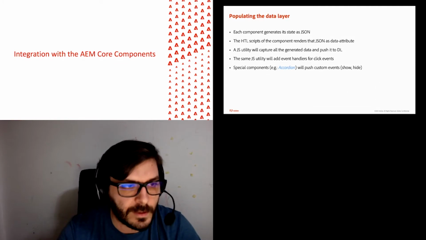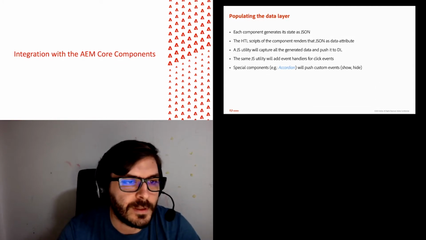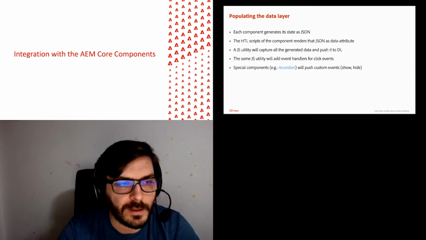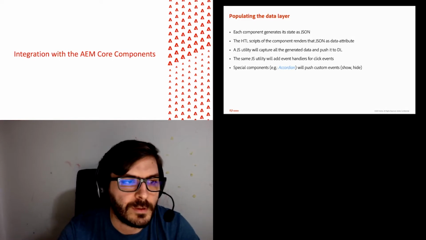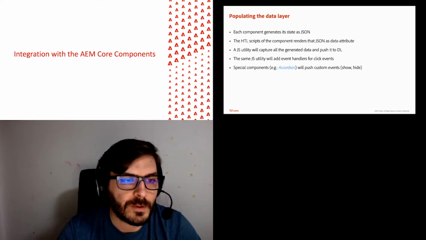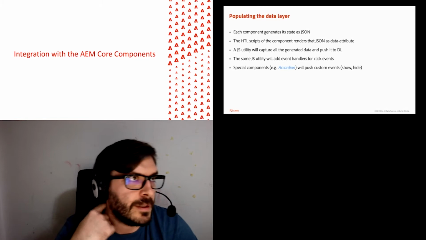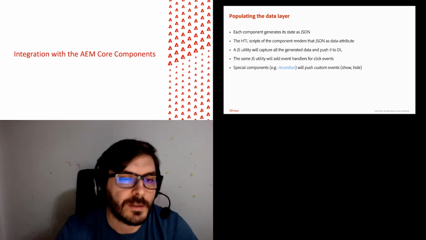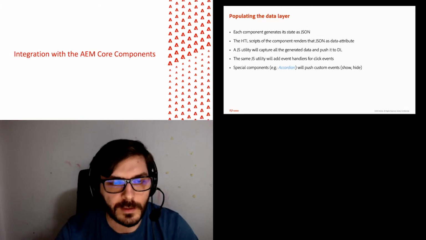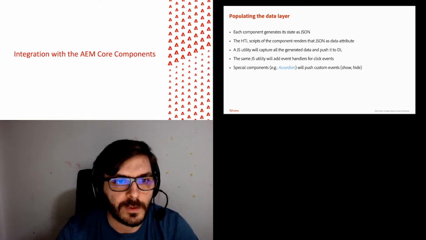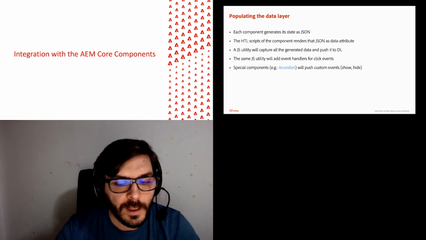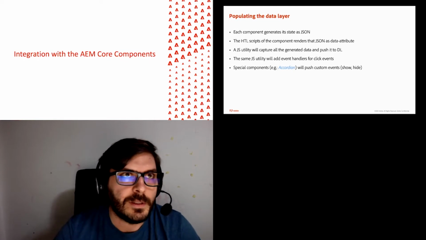And this integration comes with a JavaScript utility that captures all the generated data from the components and pushes it to the data layer. The same JavaScript utility also adds event handlers for click events, meaning that if you have any component that is clickable, like links or buttons or whatever, you can register event listeners for that.